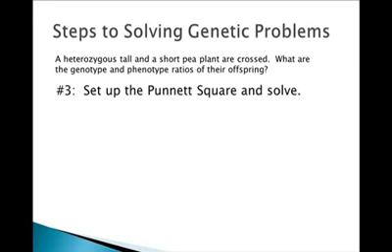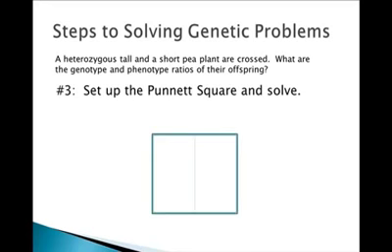And so when we use our example, what you do is you split the genotypes of the parents apart, because remember, this is sperm and egg we're talking about here, or in this case, pollen and ovary. So you have to split the genes. You can't just put them all in one square. And so you set it up. It's a 2x2 square. We'll put the first one on top and the second one on the side.